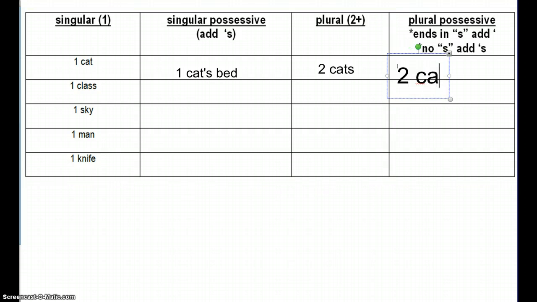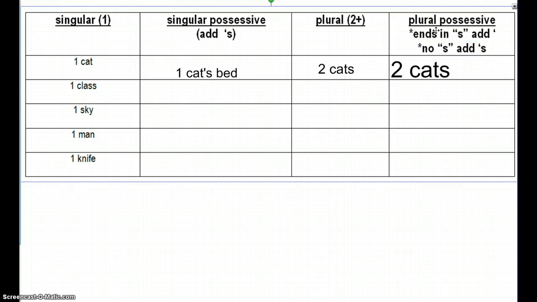Now, I want to talk about my two cats and their beds. And so now we get to where our trick comes in. We've got two different rules that we work with plurals. So one part of that says if it already ends in an s, you add an apostrophe. If there is no s, then you add apostrophe s. So we think of what's the plural form, cats.